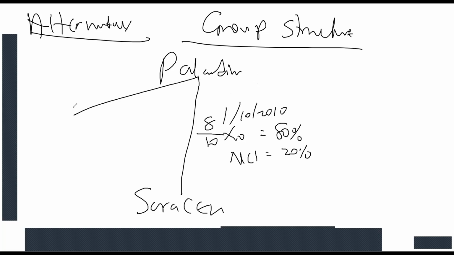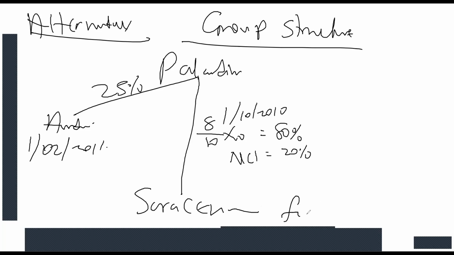Then they will put Augusta here. Then they write 25%, and put the date 1st February 2011. Then Saracen period of consolidation, full year consolidation. Yes, 8 months.